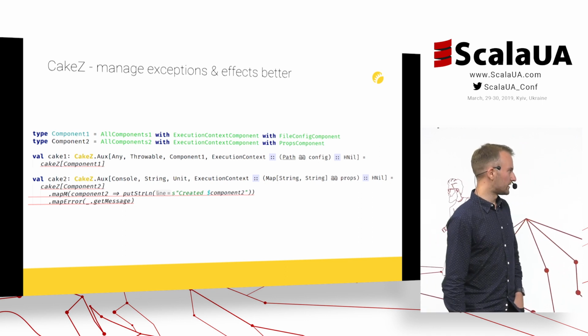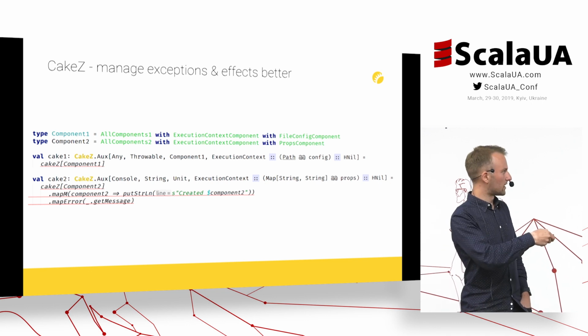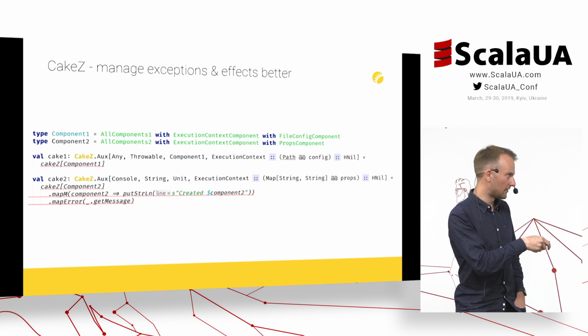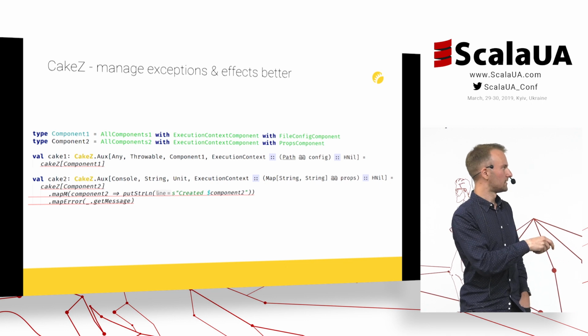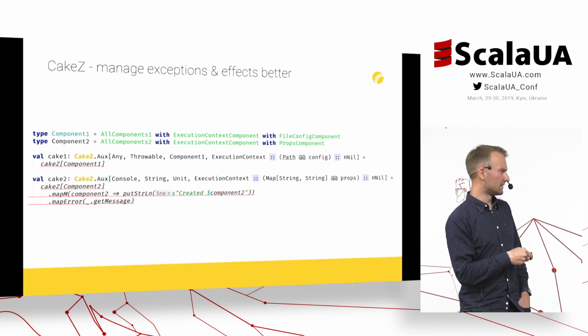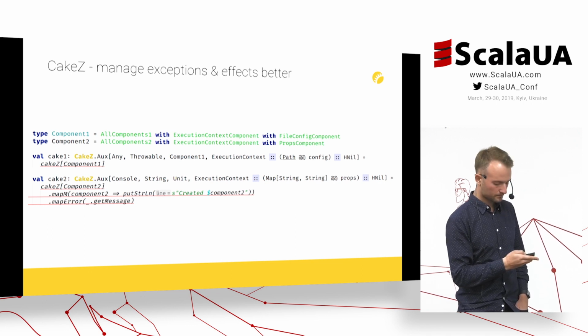So in most cases, it follows the ZIO functionality so that you can bake the cake. mapM, it's like flatMap, so putStrLn is ZIO with console effect, and you can map errors. So in this case, CakeZ originally has no effects, Throwable as an error, but after mapM, it has console effect, and then it has a String error type, because we mapped the error.